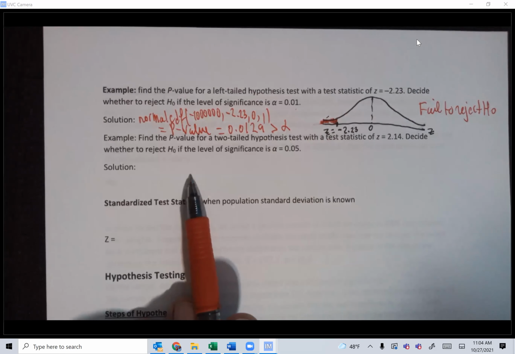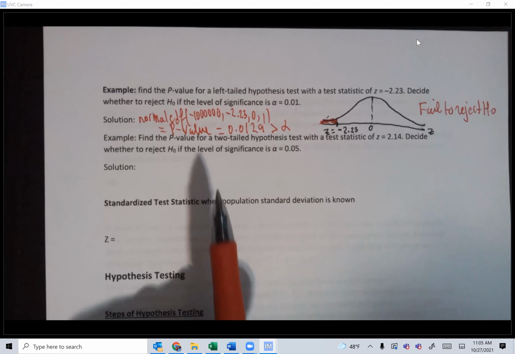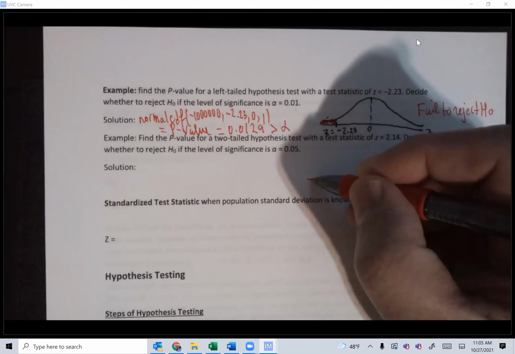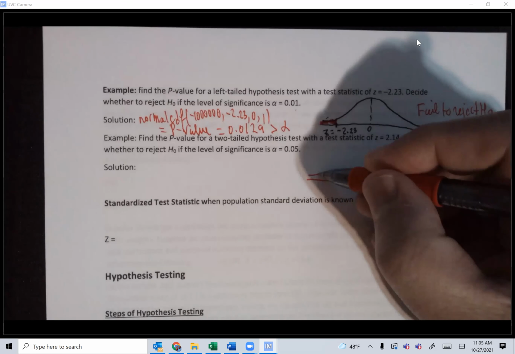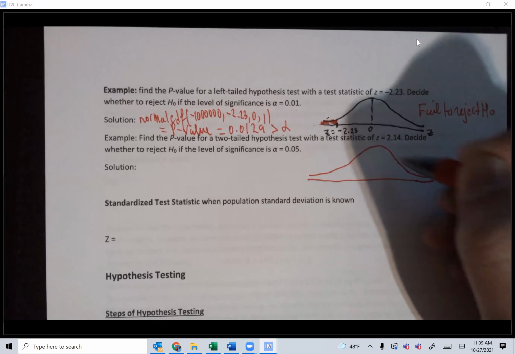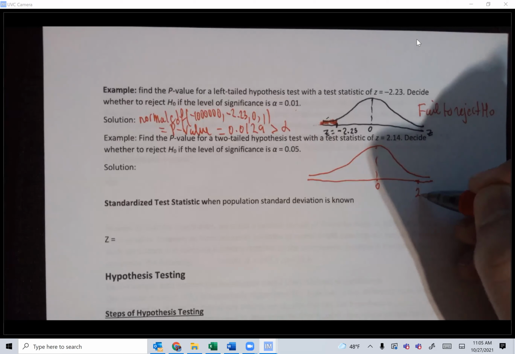Find the p-value for a two-tailed hypothesis test with a test statistic of 2.14. When you have a two-tailed test, guys, your p-value is on both sides. Z is 2.14, so this is the 2.14.